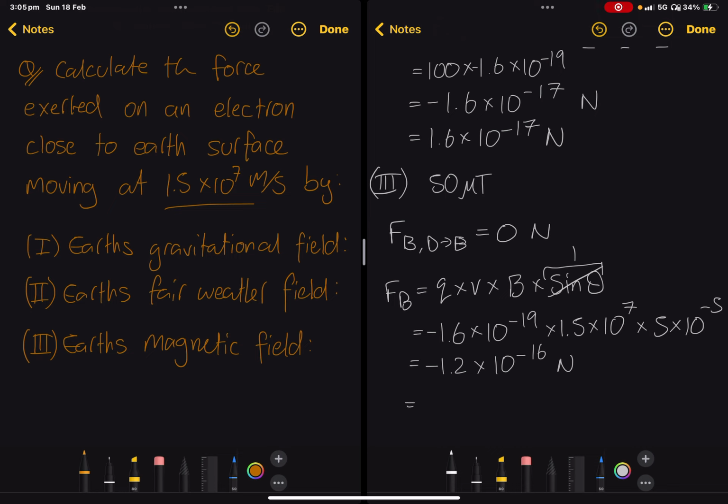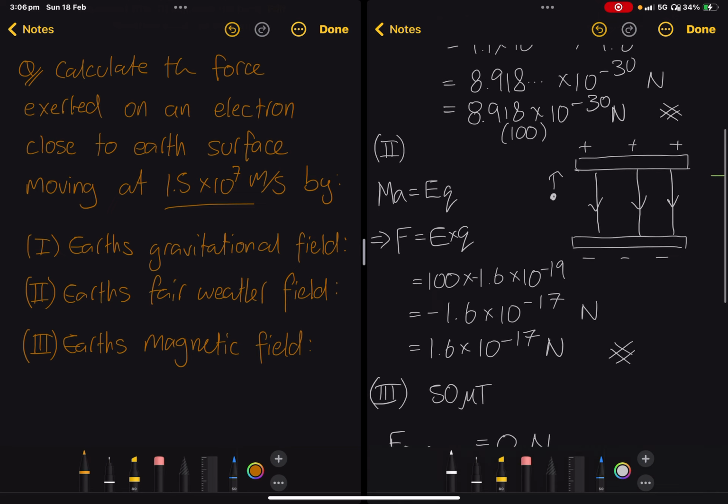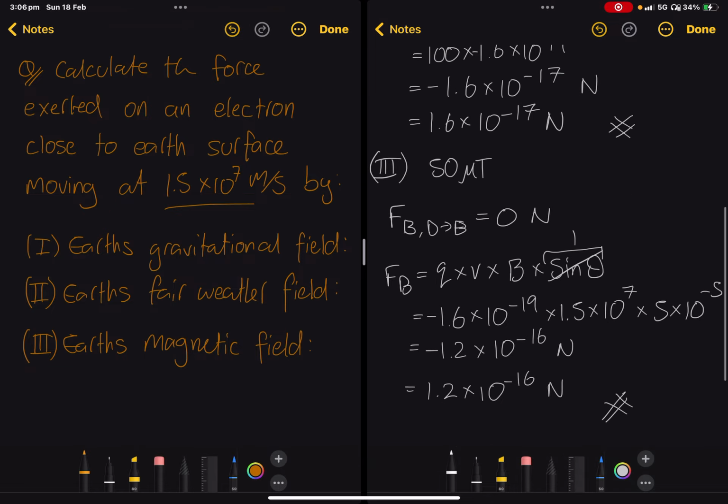When we take the absolute value, this is 1.2 times 10 to the minus 16 newtons. So we're able to find the magnitudes of the forces due to gravity, due to the fair weather field, and due to the magnetic field. And this is one way to do this question.